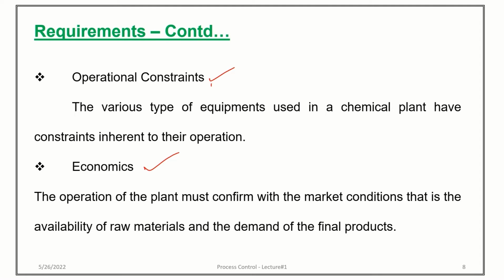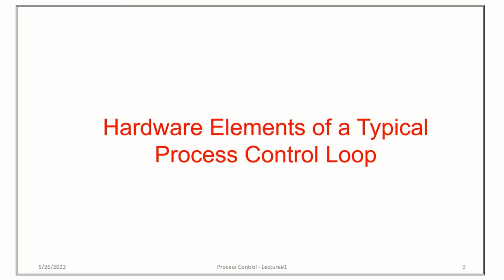You have to utilize the raw materials in an effective way. What is the meaning of effective way? Minimum cost, maximum profit. We have to ensure minimum cost and maximum profit. So these are all the requirements of any chemical plant, right. So these specifications require the continuous monitoring of the chemical plant.